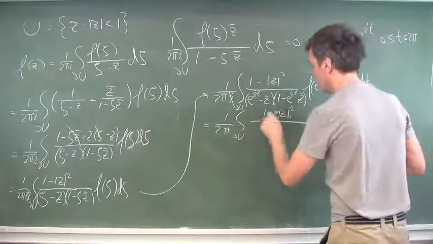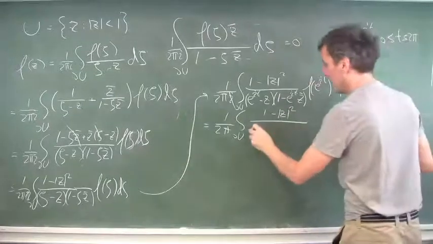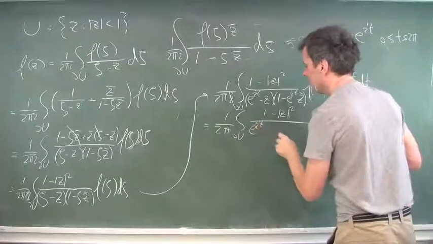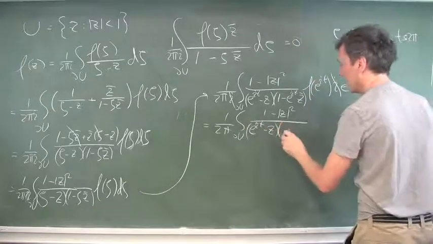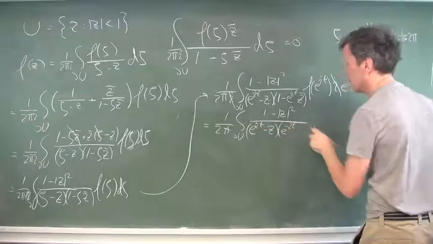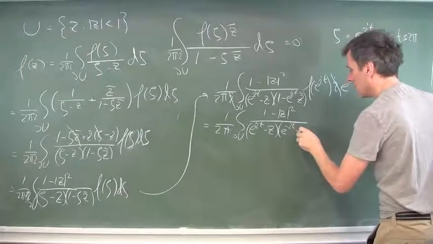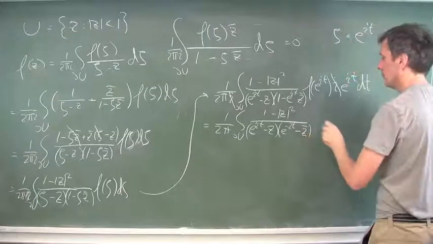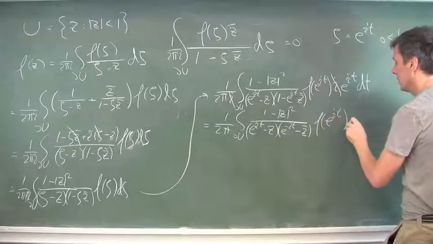So I multiply this factor by e to the minus i t. And then we'll get e to the i t minus z. And here we'll get e to the minus i t minus z conjugate. And then we have f of e to the i t dt.